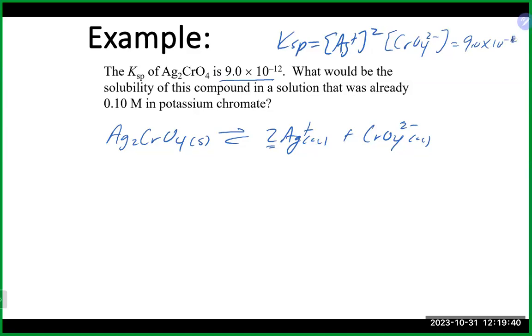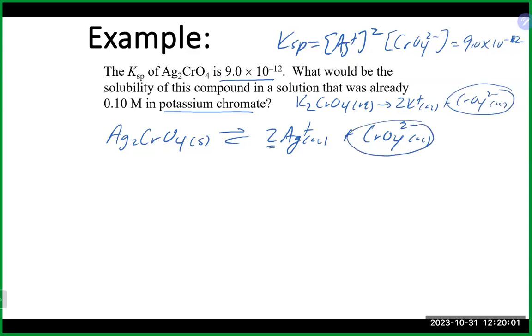Here it is in a solution of potassium chromate, K2CrO4. That is going to break apart, as potassium is soluble in everything, into a couple of potassiums and a chromate. In this case, it is the chromate here. That's our common ion that we have.